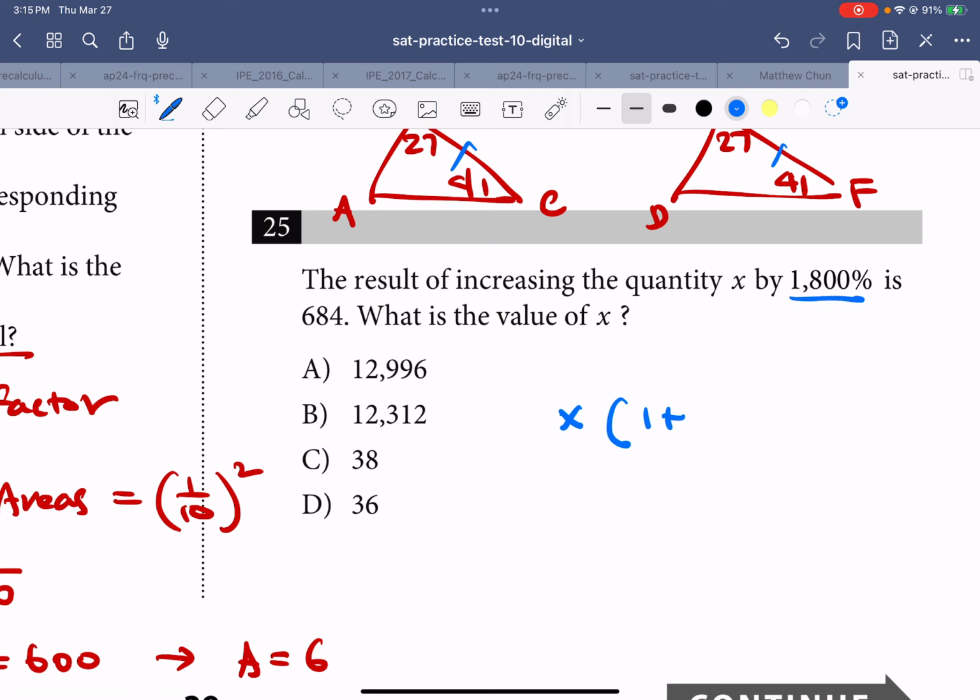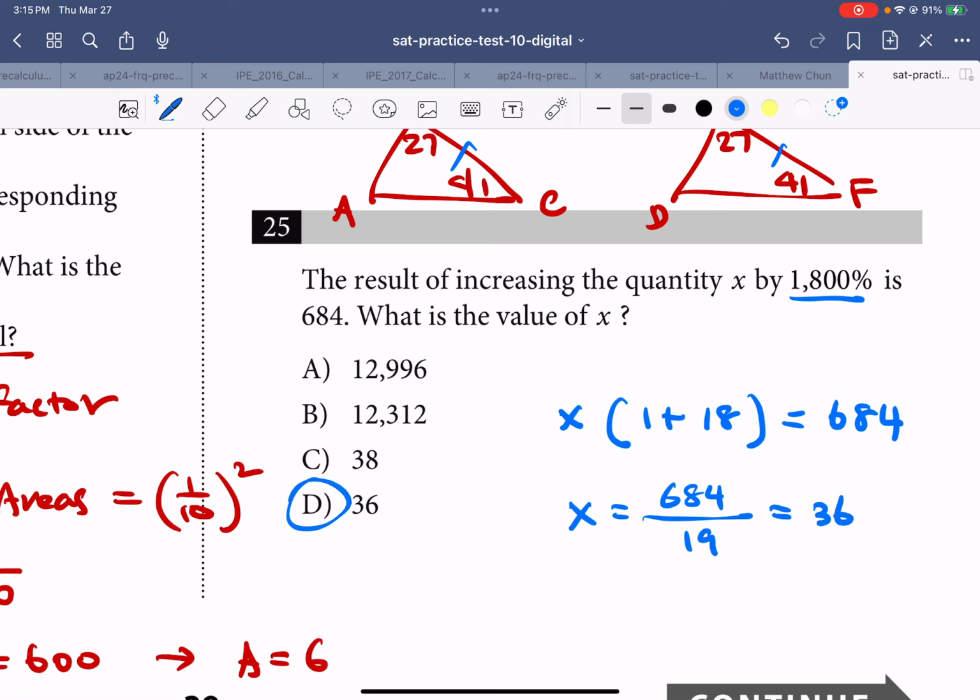So 1800% is just 18 in decimal, right? So that will be 684. Okay. Now what is the value of x? Then x is 684 over 19. Put it in the calculator, you get 36. So the answer is D. So 1 plus the percent increase in decimal, that's the key.